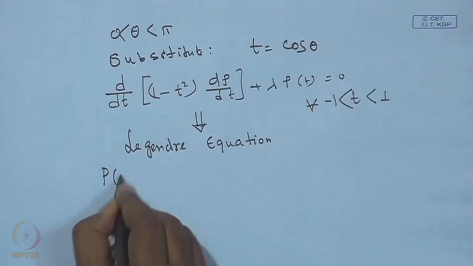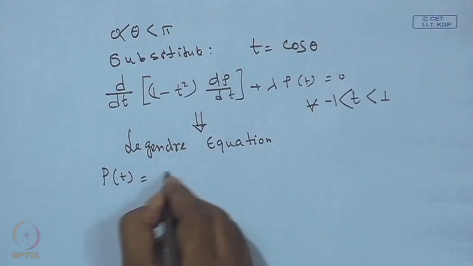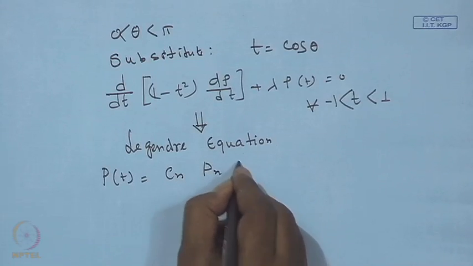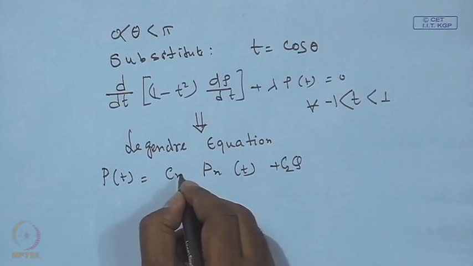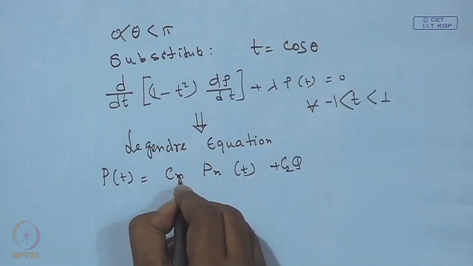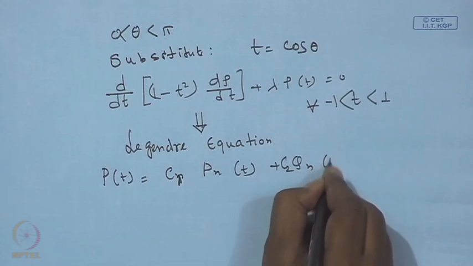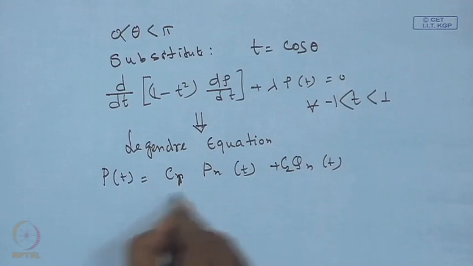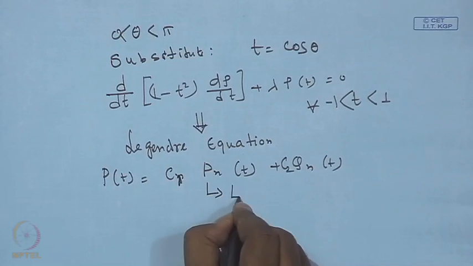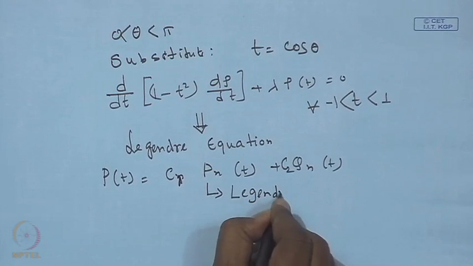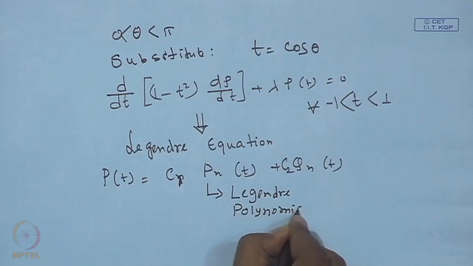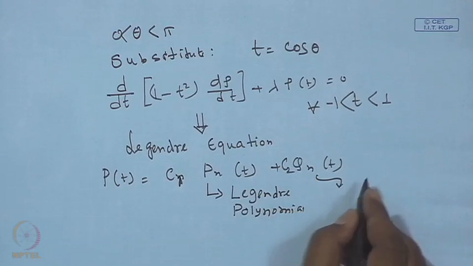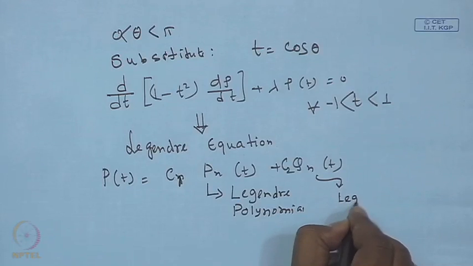So, the solution is P of t equal to c 1 P n of t plus c 2 Q n of t. Now, P n is nothing but the Legendre polynomial, and Q n is the Legendre function of the second kind.